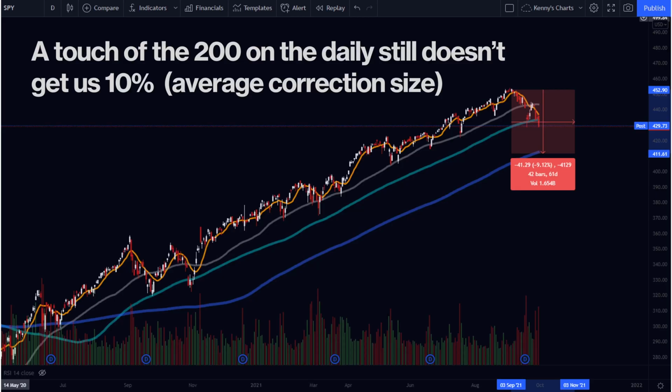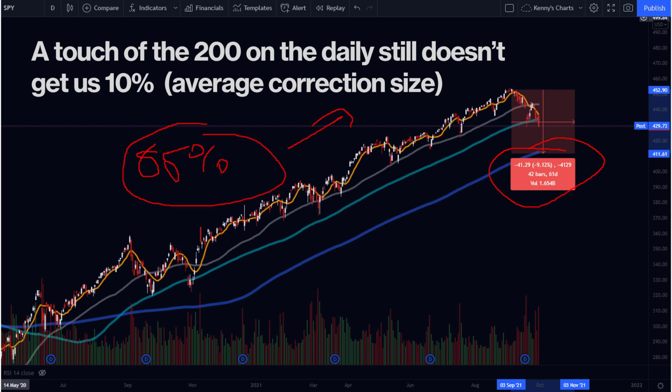So how big will this correction be? Well, if we touch the 200, we will get 9.12%, right? And that's not even the average correction size. Given how kind of awesome this channel is, an 85% channel, you would expect more volatility if things haven't changed, and if you don't think some of the macro or fundamental things of the stock market have changed yet.